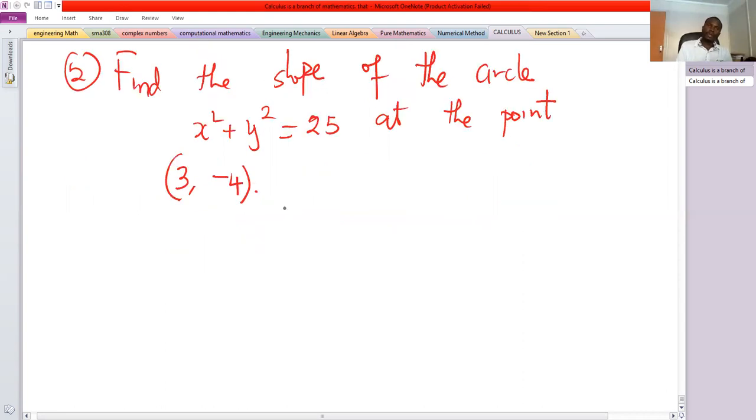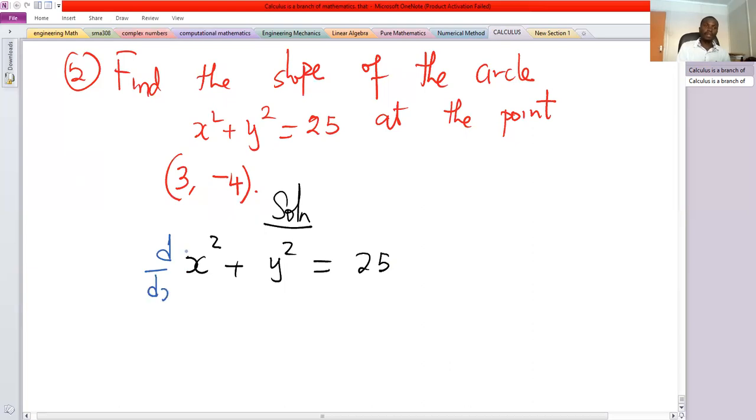So solution, we have x squared plus y squared equals 25. Step 1 in implicit differentiation is to apply d/dx on each term or both sides. So we have d/dx of this term, and d/dx of this term.